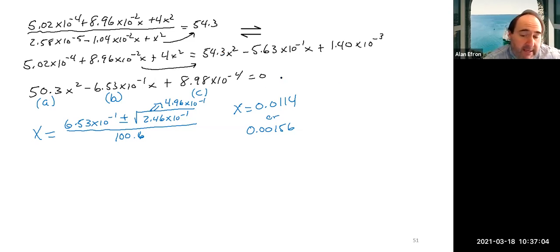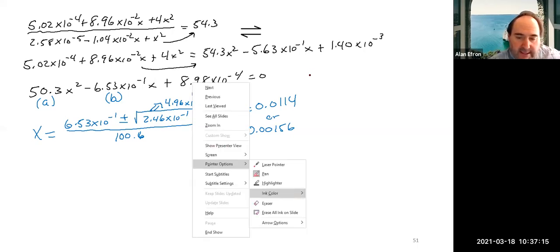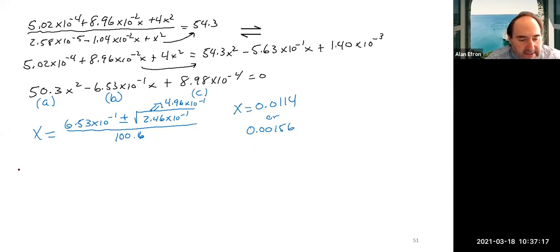All right, so we obviously got two positive values here. We want to see if one of them makes sense and one of them maybe doesn't. So what we really want to do is take that equilibrium line from our ICE table. If you remember, for H2, it was 0.00623 minus x. For I2, it was 0.00414 minus x.